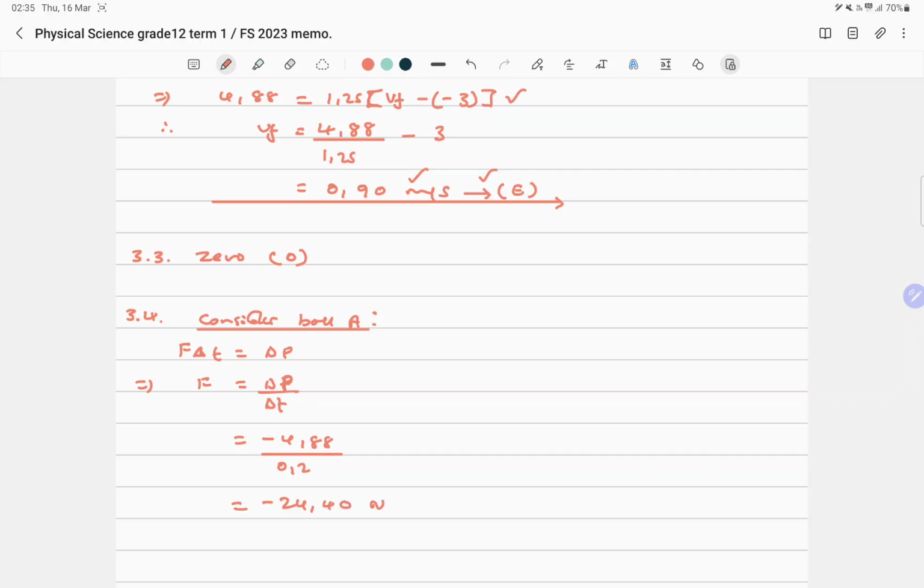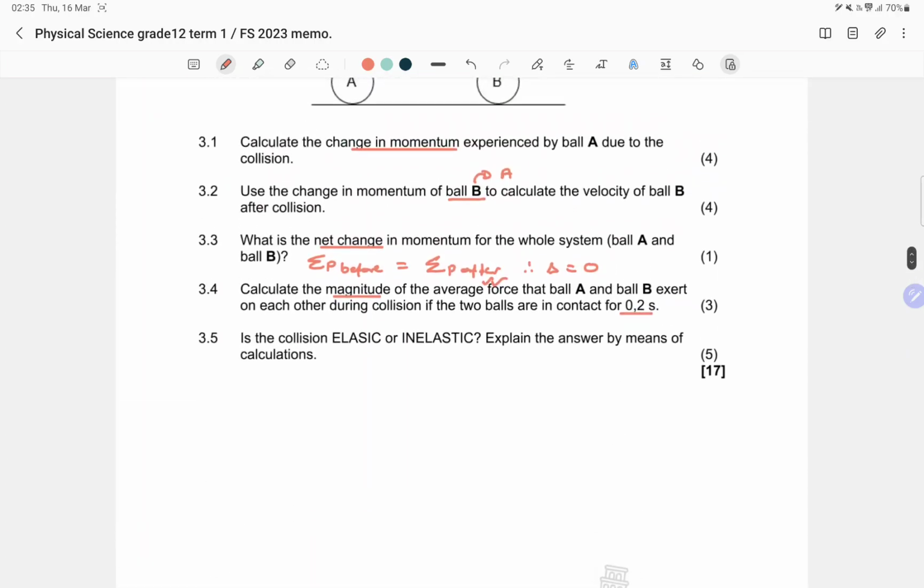And then we can just say this is 24.40 newtons on each other. Okay, it's easy because now the direction is interchanging according to Newton's third law. It can be west, it can be right, so we're not going to worry about it. If we said they are doing it on each other, we are sorted. Great stuff. So here, formula, substitution, answer. Thankfully, they just wanted the magnitude. So that's it.